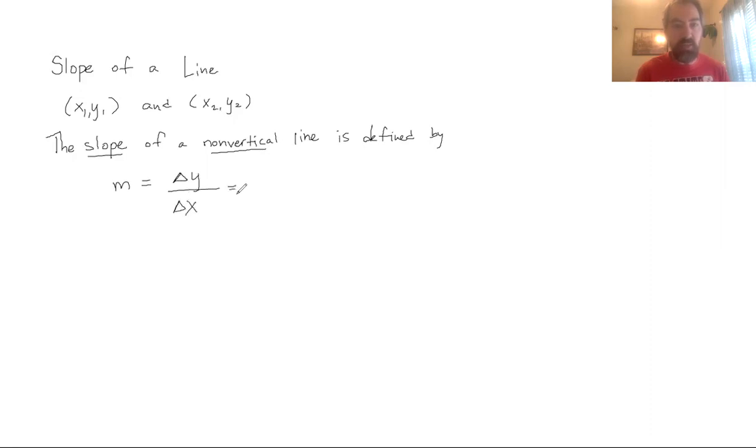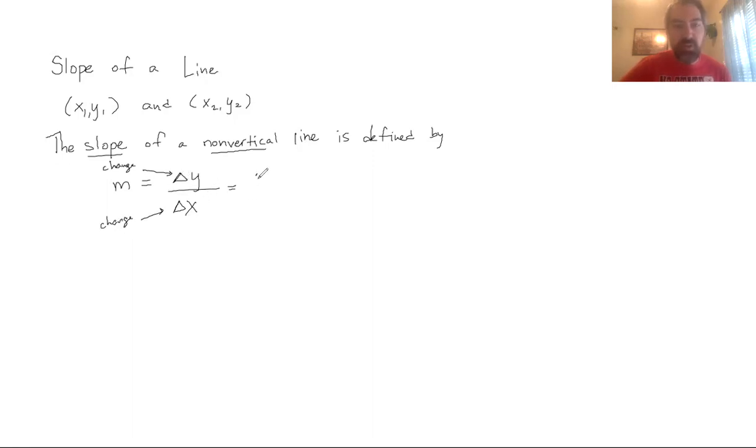Now, if you already know slope, you may not have seen it like this, but this delta, the triangle-shaped symbol, means change. So when you see delta y, we're just saying the change in y, so the change in y divided by the change in x.